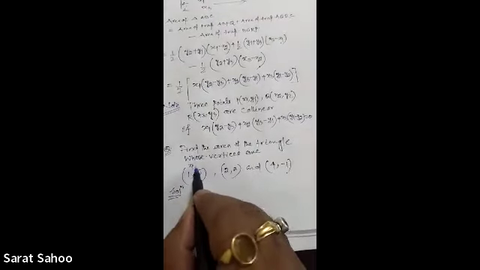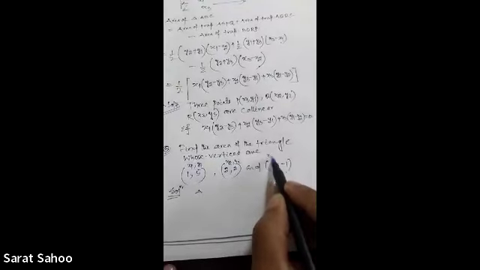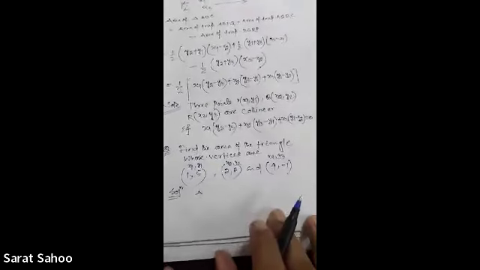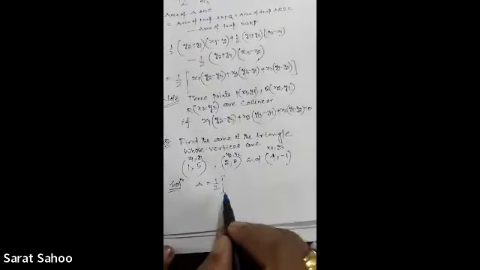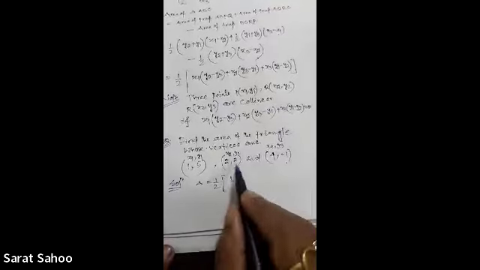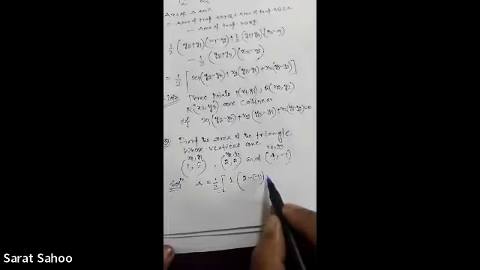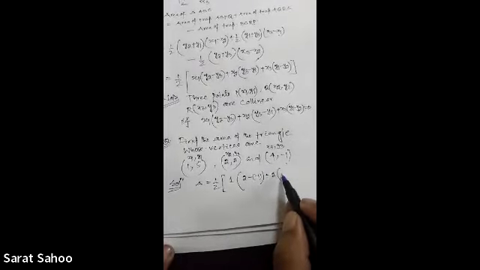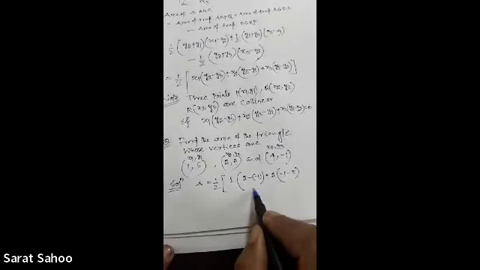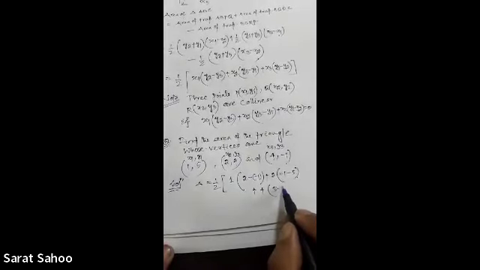Delta, this is x1, y1. Consider these two as x2, y2. And the last pair as x3, y3. Delta is equal to half of x1, 1 into y2 minus y3, 2 minus of minus 1, plus x2 that is 2 into y3 minus y1, minus 1 minus 5, plus x3 that is 4 into y1 minus y2, 5 minus 2.